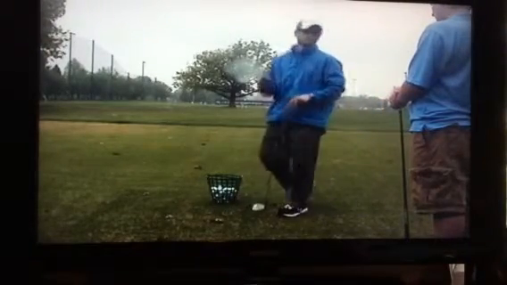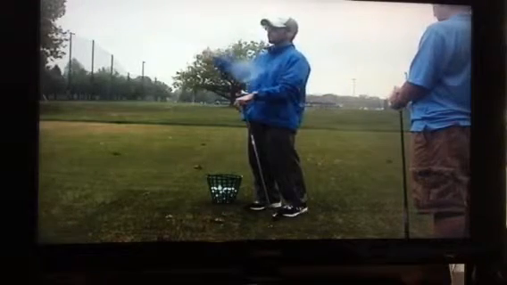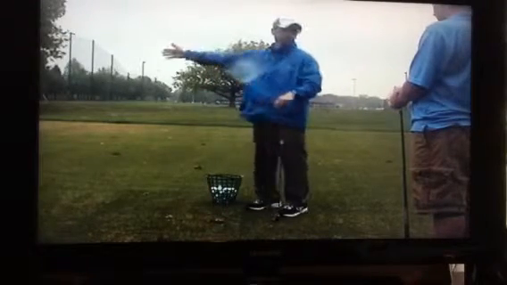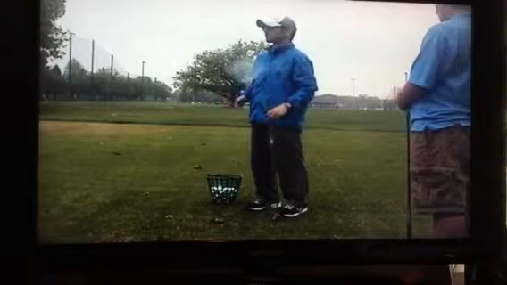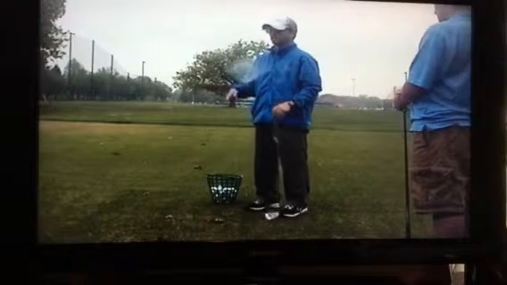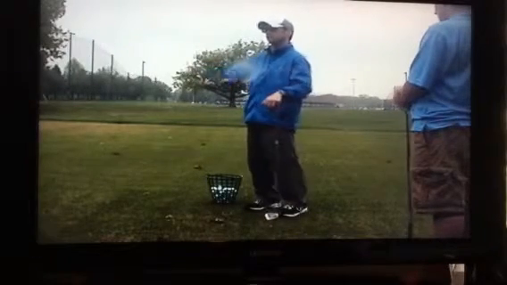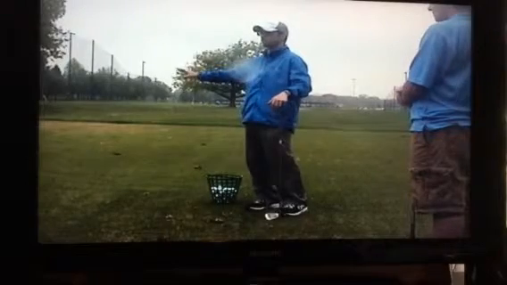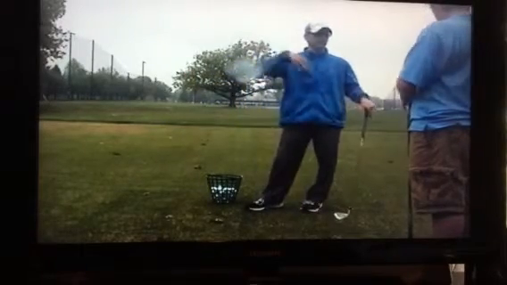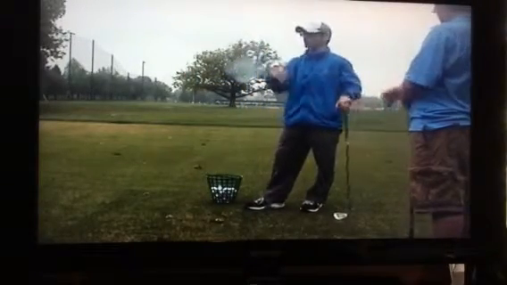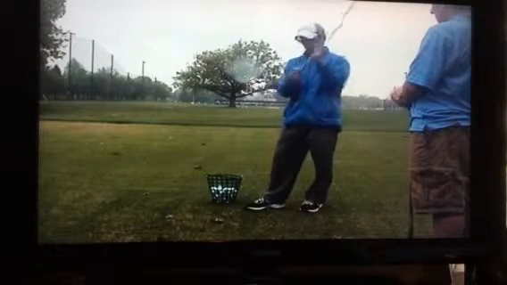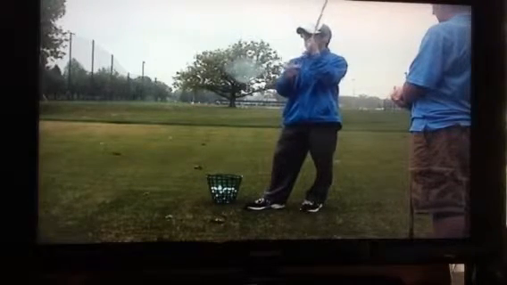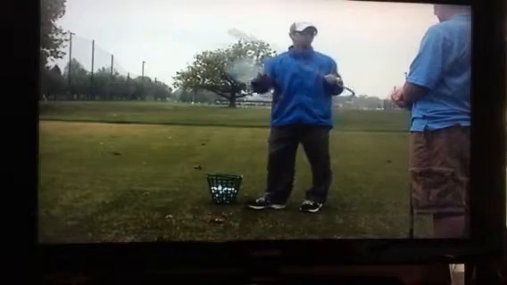Typically, if the golf ball starts to the left of our target, that's indicative of the path. So the club path is where the golf ball starts off. And which way it spins, if we have a little bit of a fade or a draw, that's reflective of the club face. Does that make sense so far?